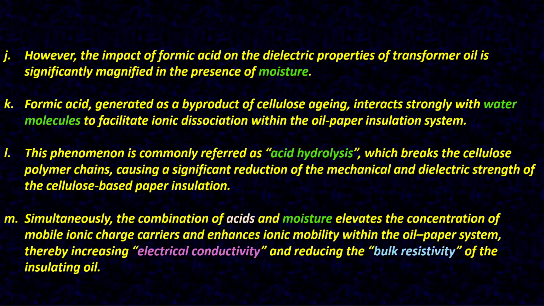However, the impact of formic acid on the dielectric properties of transformer oil is significantly magnified in the presence of moisture. Formic acid generated as a byproduct of cellulose aging interacts strongly with water molecules to facilitate ionic dissociation within the oil paper insulation system.